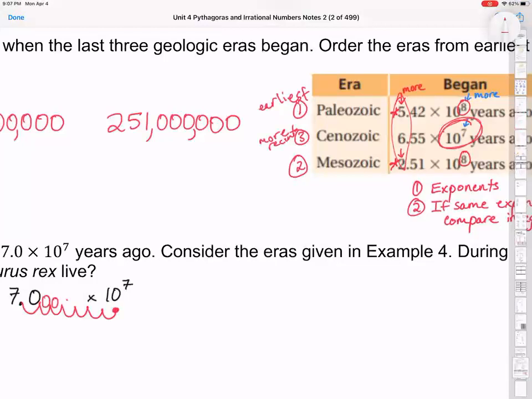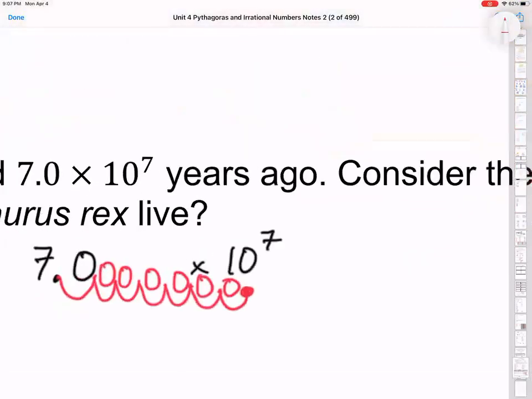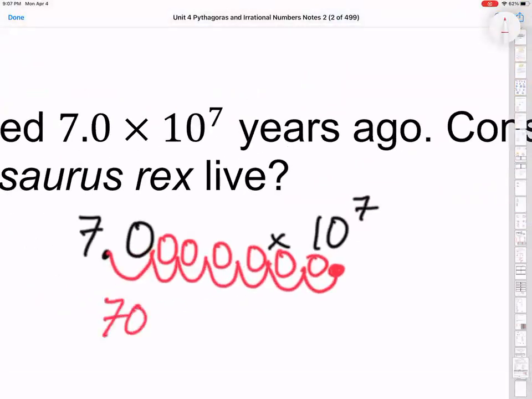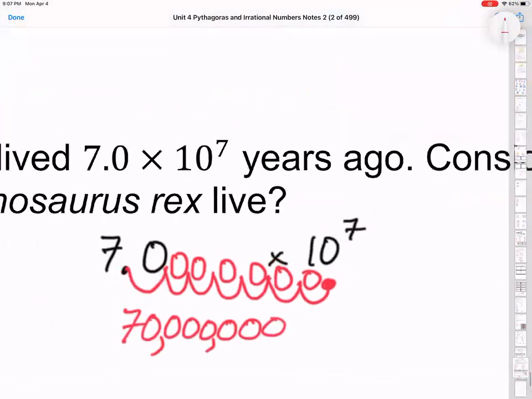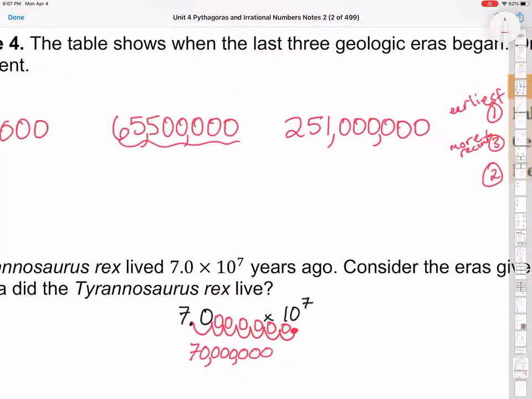Fill in these zeros. And so once I'm all done, I end up with 7, 0, so 70 million years. So again, that's the standard form approach, which is pretty close to our 65 million years.